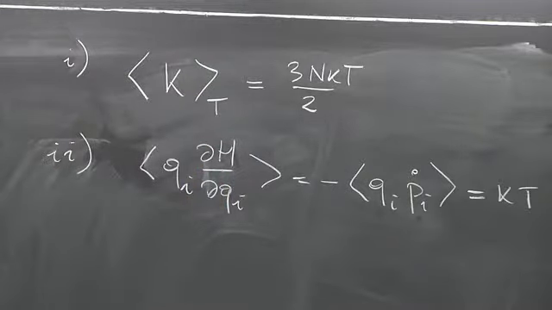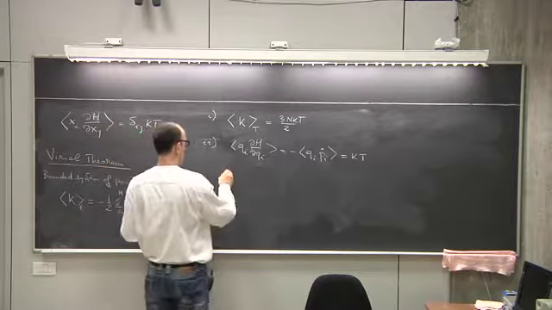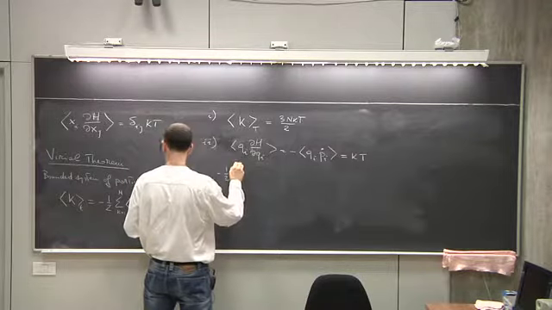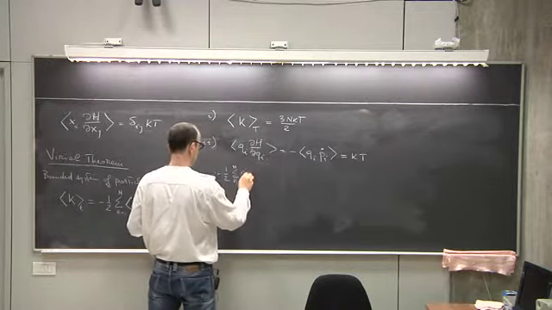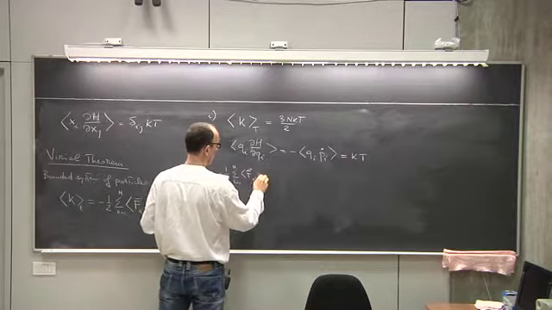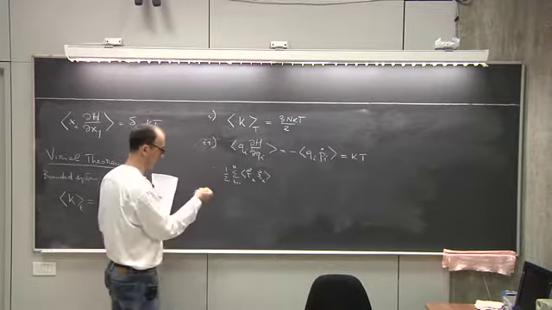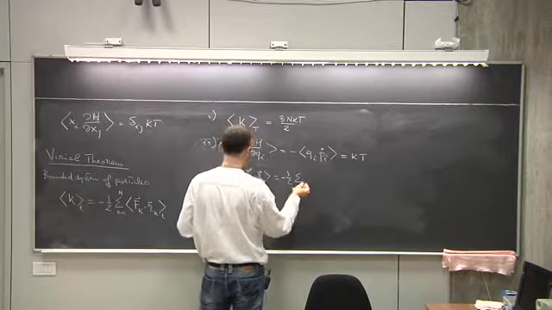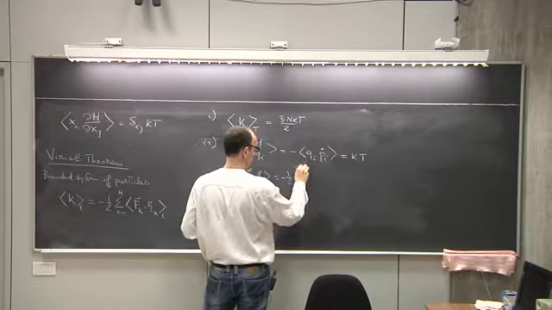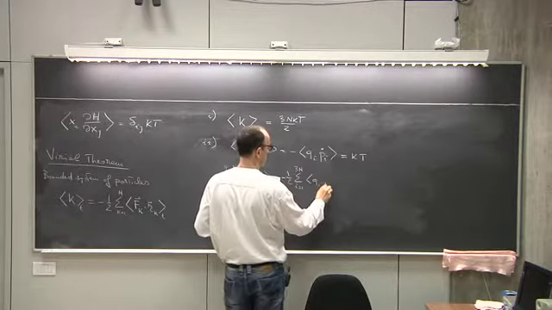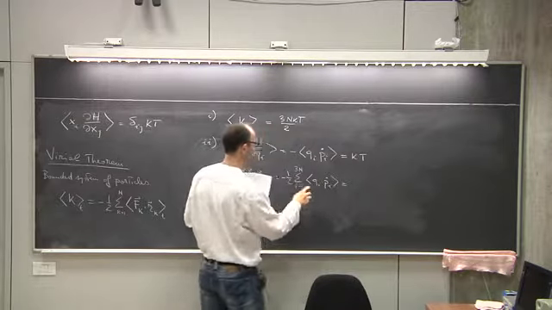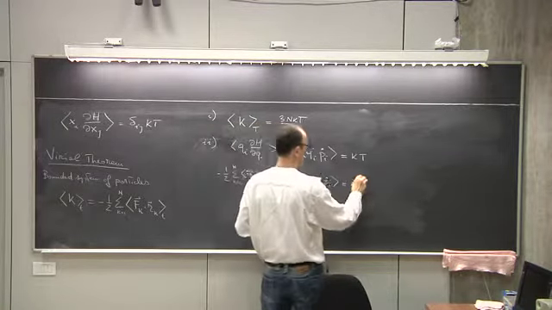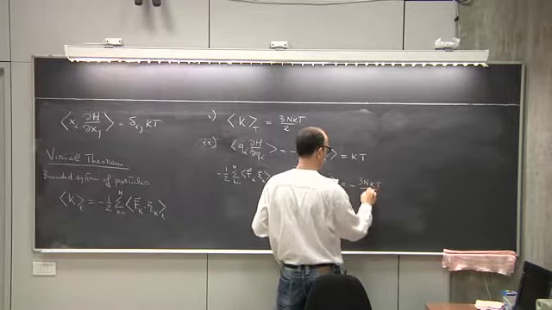So if you take minus 1/2 sum over all the particles of the average force acting on a particle K, this will be equal to minus 1/2 times the sum over all the coordinates of qi times pi dot, and by this equality here, this is equal to minus 3nkT divided by 2.